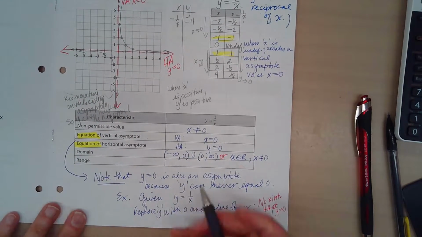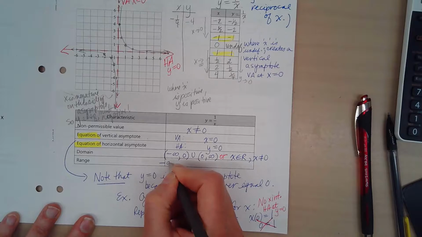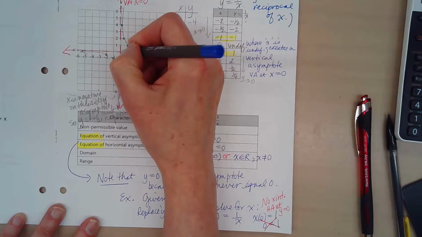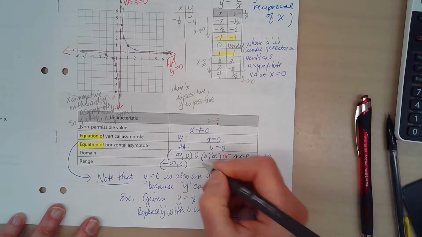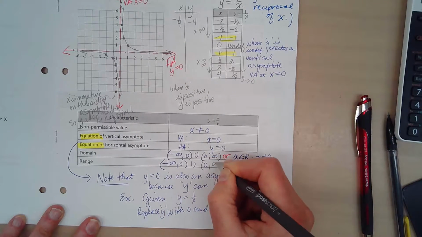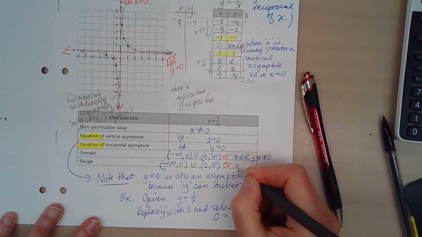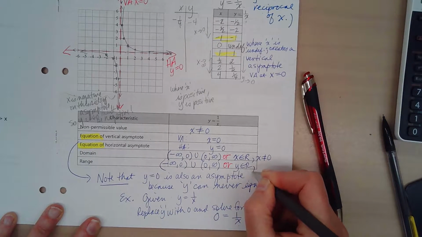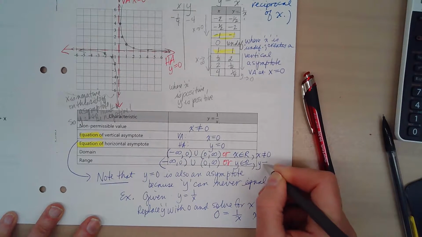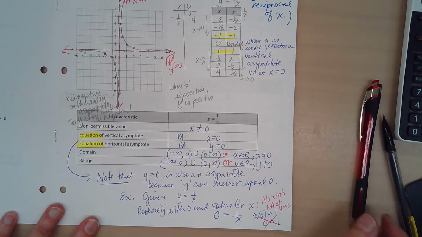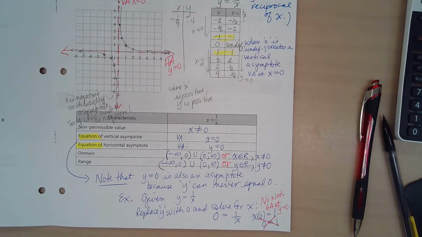Same with y, right? y is going to be the same. y is an element of the reals, any real number, the only number it can't be is 0. So I know you knew the reciprocal graph before, but now those are the parts. And all of those characteristics will be part of any rational graph, so any graph with an x on the bottom.